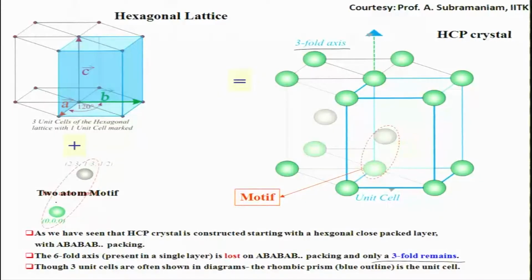These are not two different lattice points. They are just associated with each other. So you can put the corner of the lattice between two of them. It is like a dumbbell shaped kind of thing.